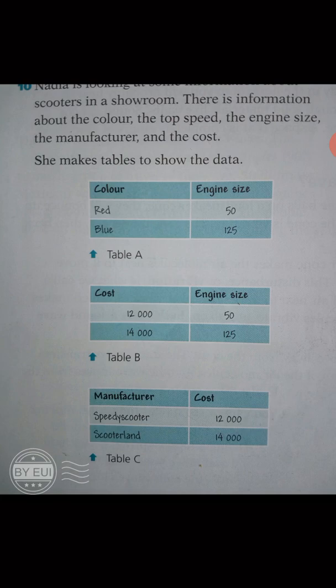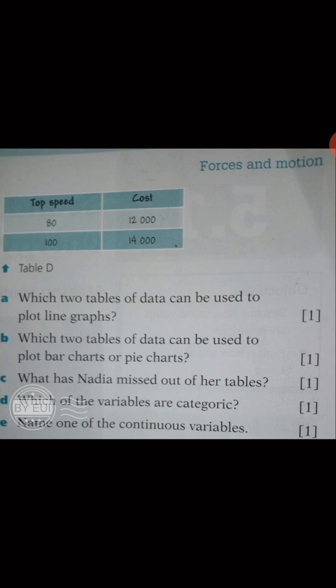Table C, no, because the names of the manufacturer are given. And table D, again yes, the data is continuous data. So table D can also be used to plot line graphs. So the correct answer is table B and D can be used to plot line graphs.